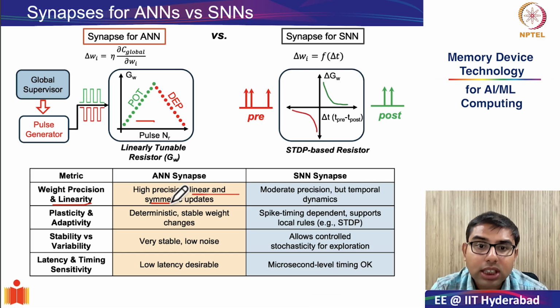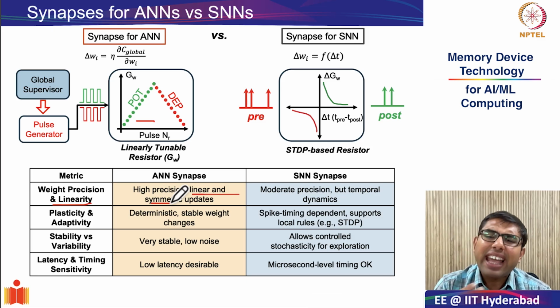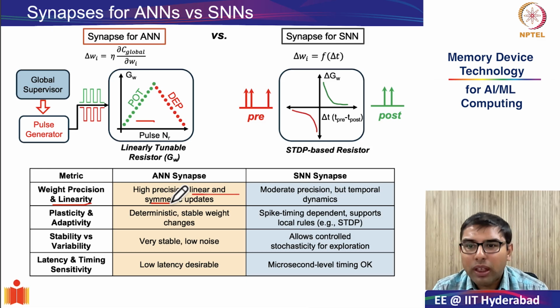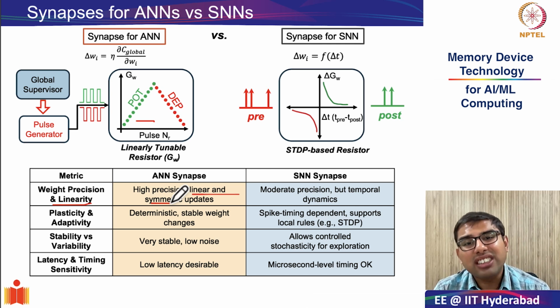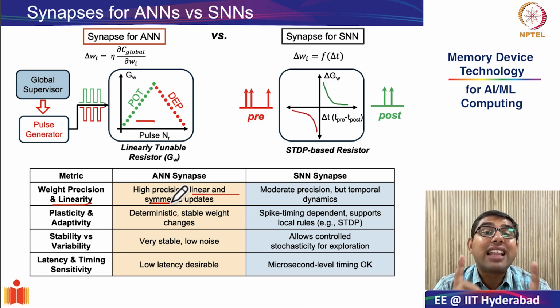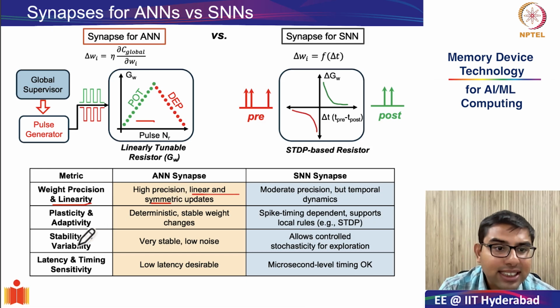If you contrast this with the synapses required for SNNs, they can actually tolerate a lot of variability. This is because biological learning and biological systems are generally much more robust to noise. However, they must support temporal dynamics, that is, the ability to evolve based on spike timing rather than spike amplitude. The next is plasticity and adaptivity.